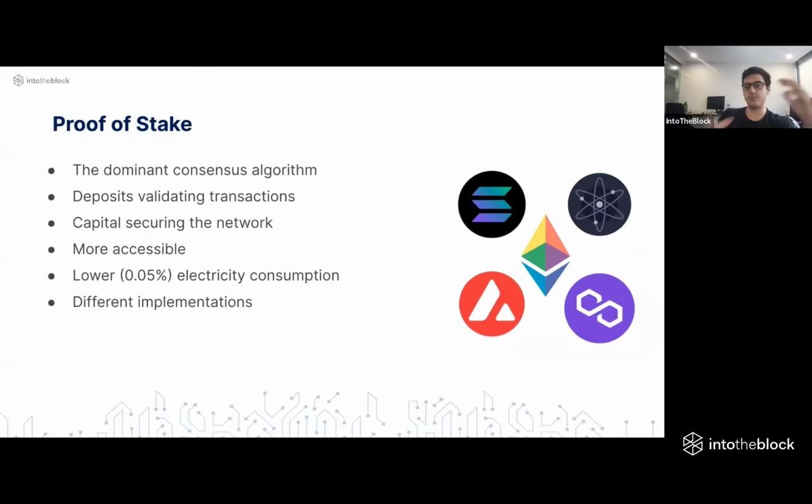So instead of machines, you have capital securing the network. And this is a lot more accessible because typically you don't need to buy hardware. There are a few exceptions, like Solana, where you do need a bit of hardware. But essentially, it allows anyone with tokens to deposit.